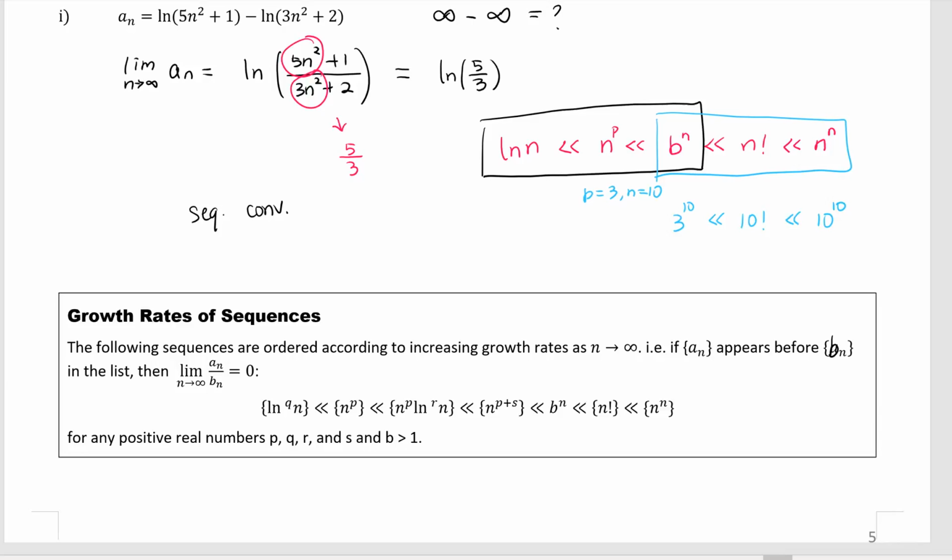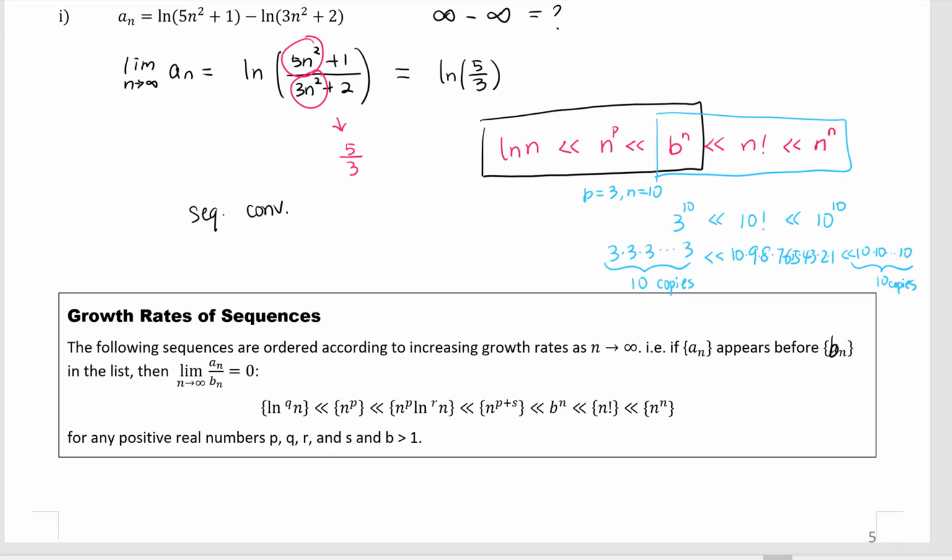3 to the 10 is 3 times 3 times 3, how many copies of 3 multiplied together? Yes, 10 copies. And what's 10 factorial? That's 10, 9, 8, 7, 6, 5, 4, 3, 2, 1. And the last one is 10 times 10, 10 copies of 10 multiplied together.